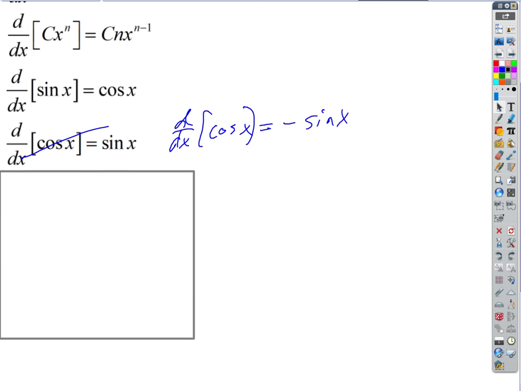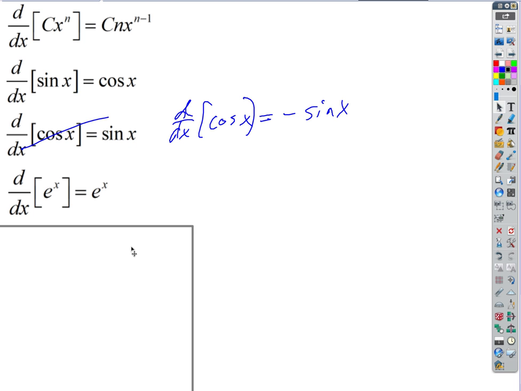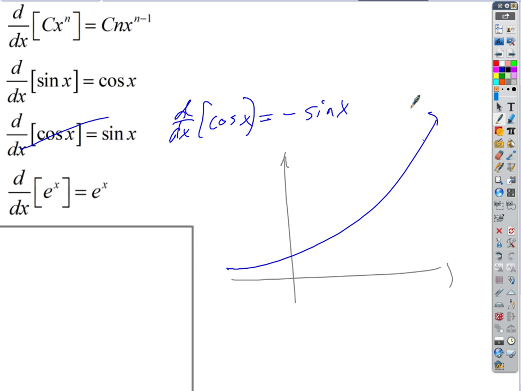I'm not even going to bother trying to prove it, it's not hard to prove, but here's the easiest function to differentiate. The derivative of the exponential function e to the x is e to the x. That's pretty bizarre. Think what that's saying. If you graph an exponential function, y equals e to the x, how crazy is that?